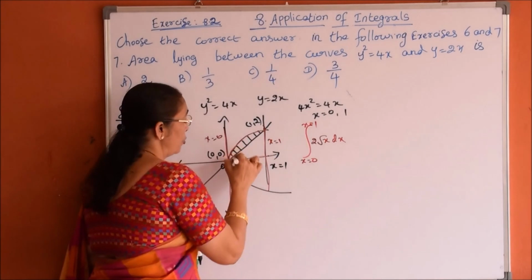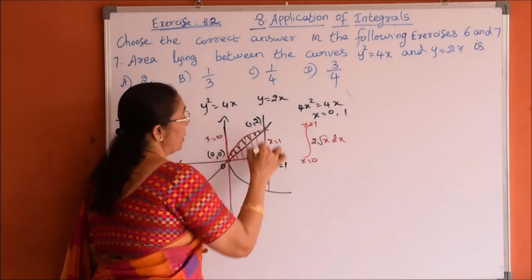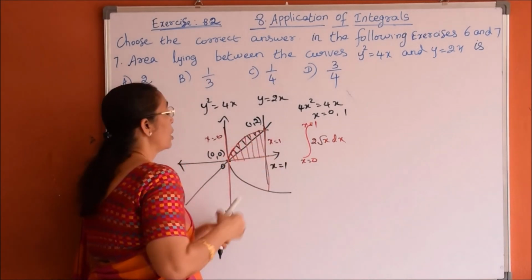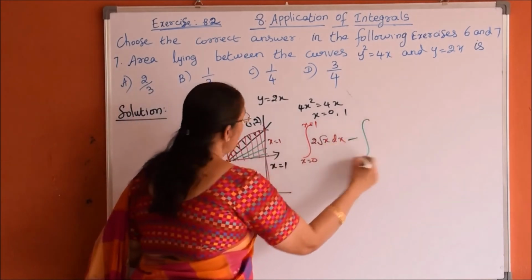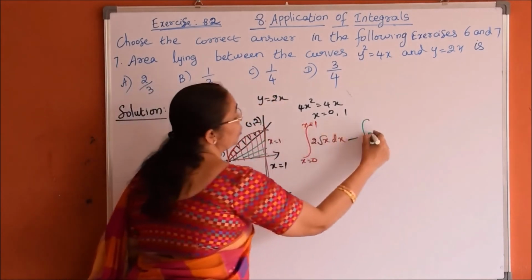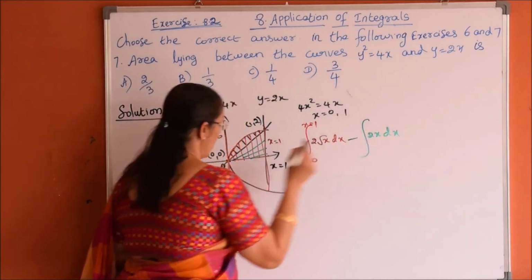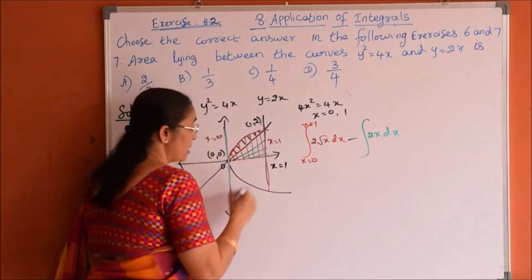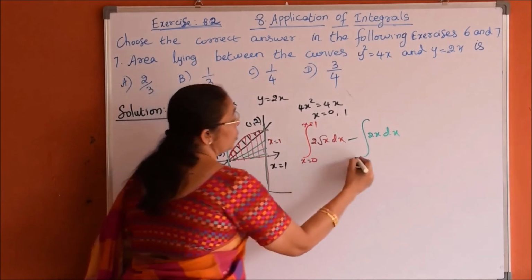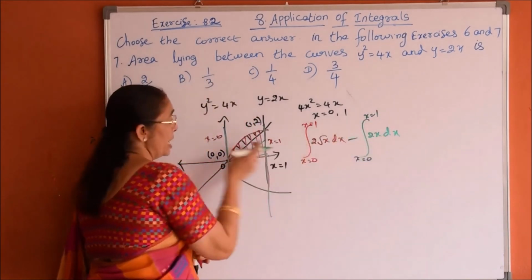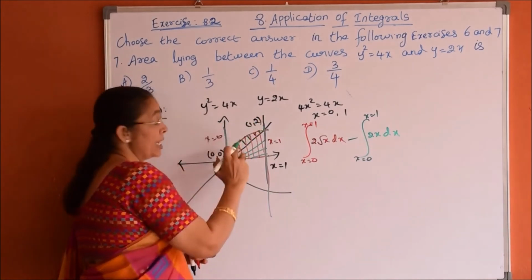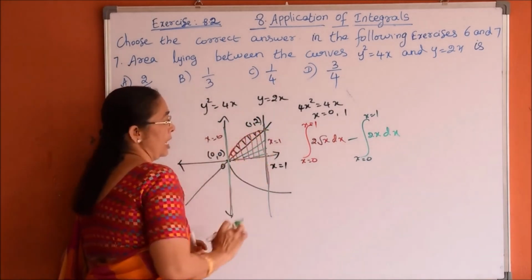This is the full area. From this complete area, we remove the area covered by the line y equals 2x with the x axis between the lines x equals 0 and x equals 1. So when we subtract this line area from the area covered by the curve with the x axis, we get the required area.